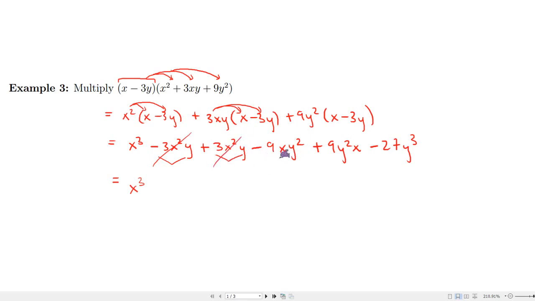And then this is 9xy squared, and this is 9y squared x. But the terms themselves, there's 1 x and 2 y's, 1 x and 2 y's. So those can be combined, but they're negatives, so these will cancel. And we're just left with this minus 27y cubed. And that would be the answer.